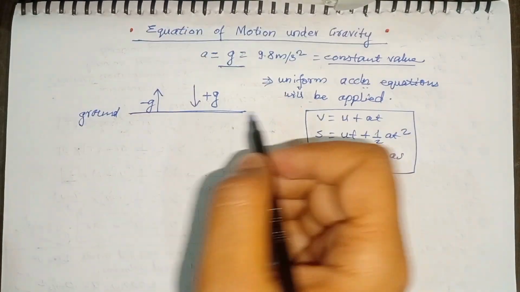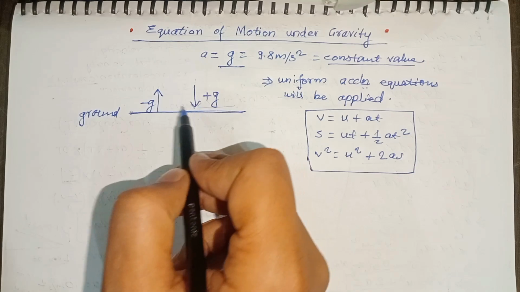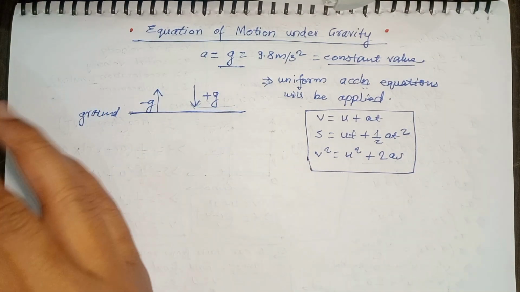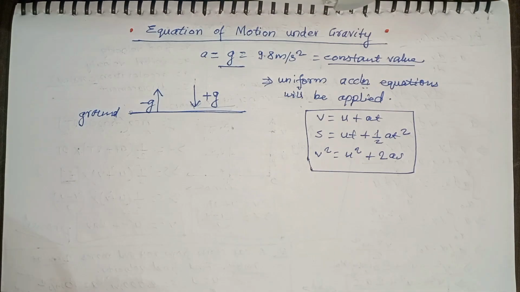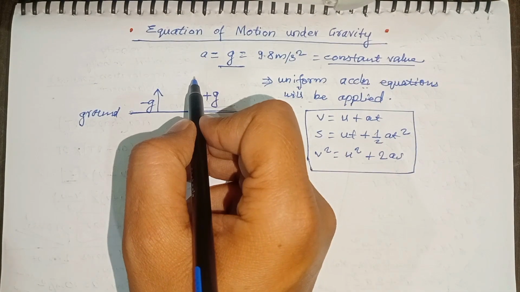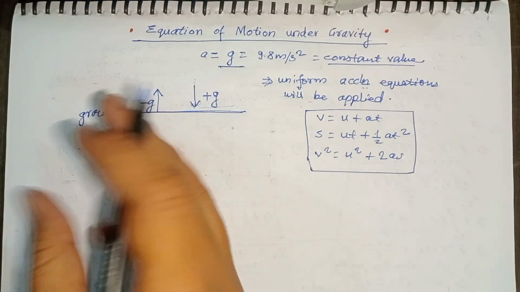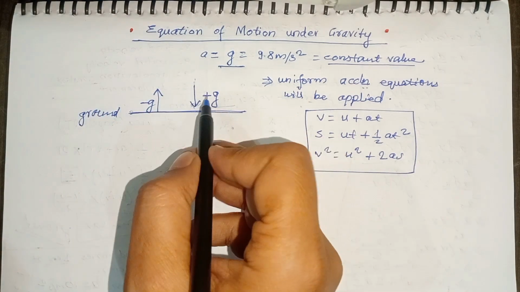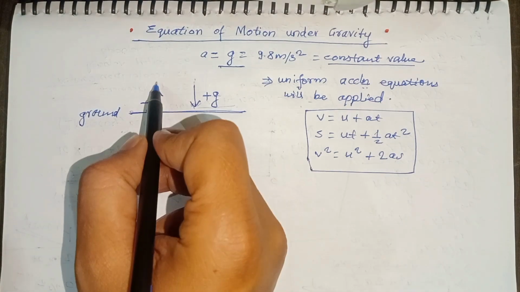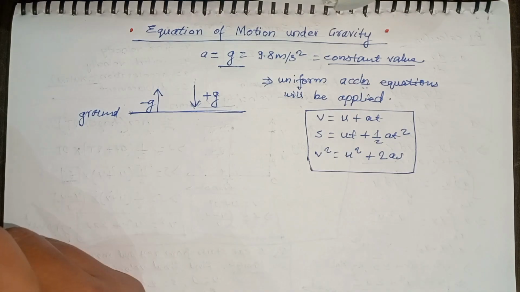Why? Because going down means gravity is attracting. Gravity has the power of attraction. Gravity is attracting, and the body is coming downwards. It means it is favoring the gravity, so the positive value of g is used here, and going upward means against the gravity, so it is the minus value of g.